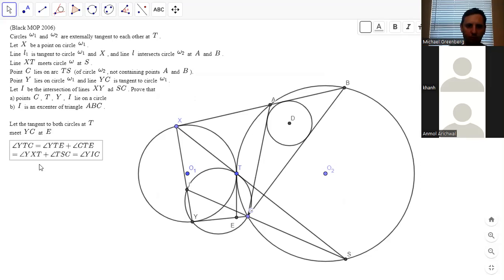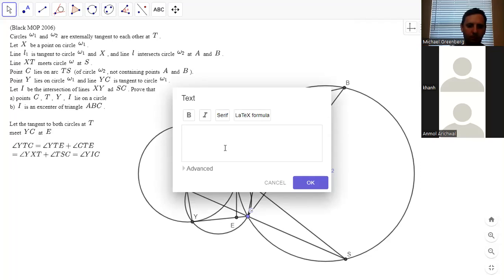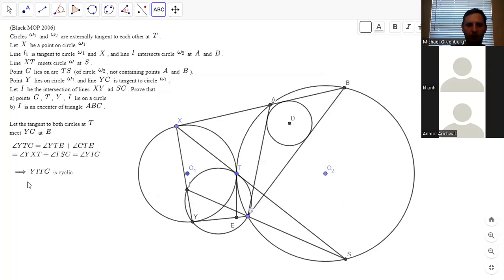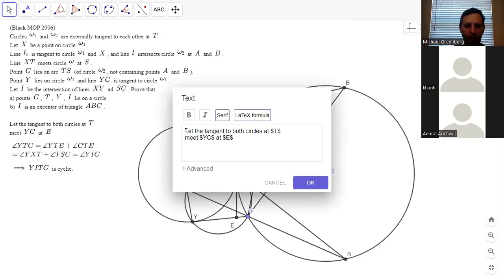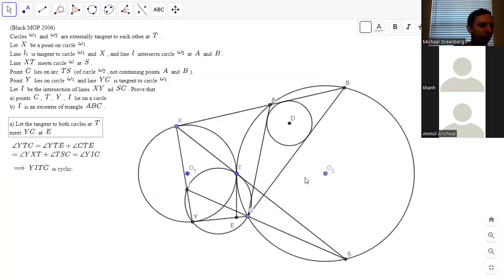So YITC is cyclic. Okay. That solves that. That's part A. We'll just add an A here. Now for part B, let's see what we can do.